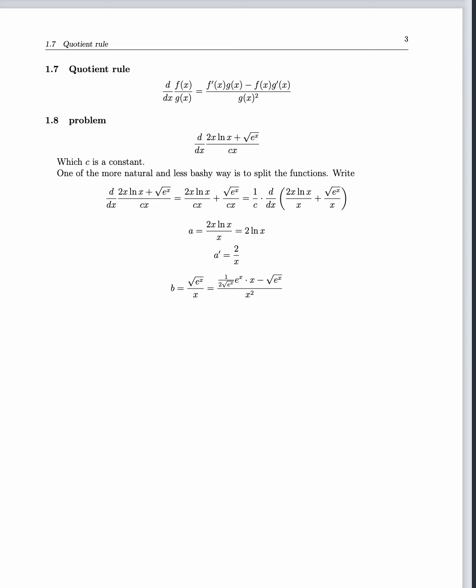It's a little bit bashy. Now we can still simplify a little bit, which is equal to square root of e to the x power times x over 2 minus 1, entire thing divided by x squared.